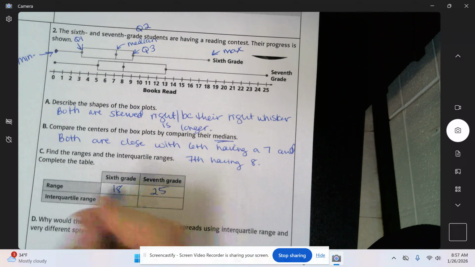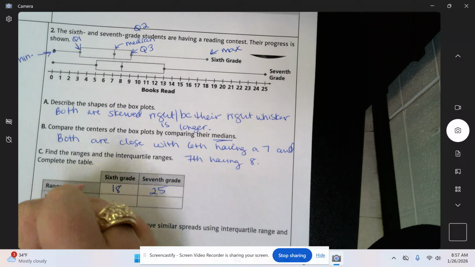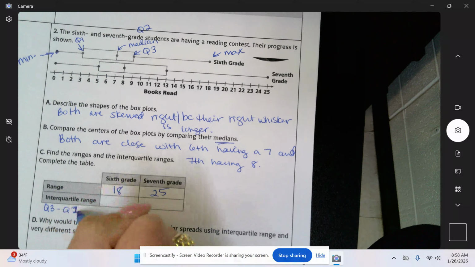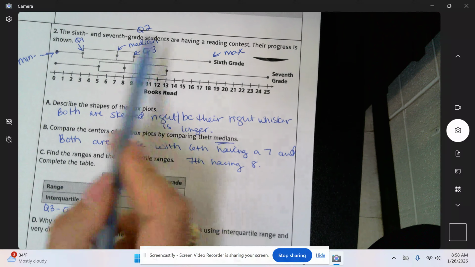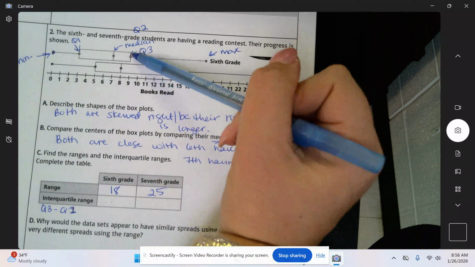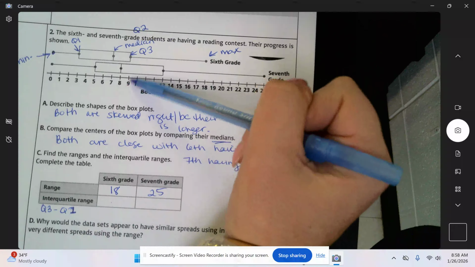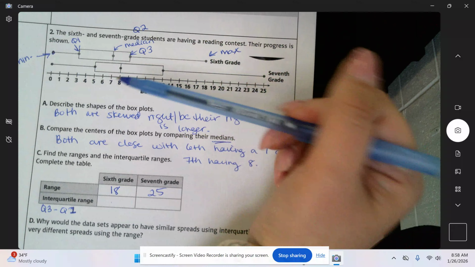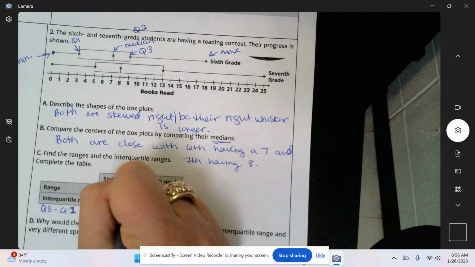Your interquartile range is your Q3 minus your Q1. Your upper minus your lower. So your Q3 was 9 and your Q1 was 3. 9 take away 3 is 6.